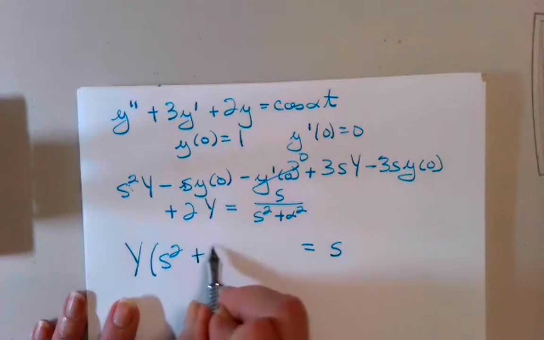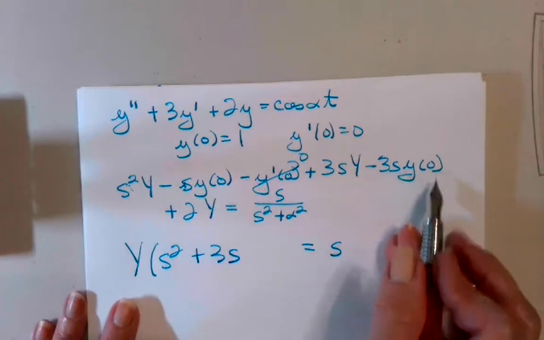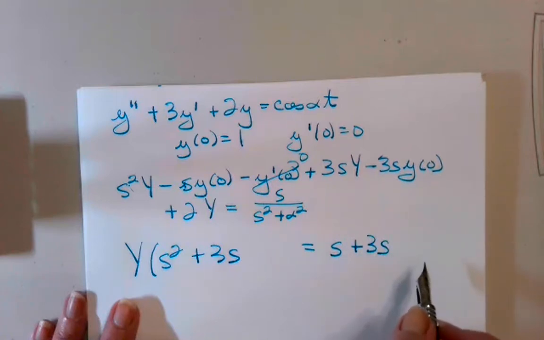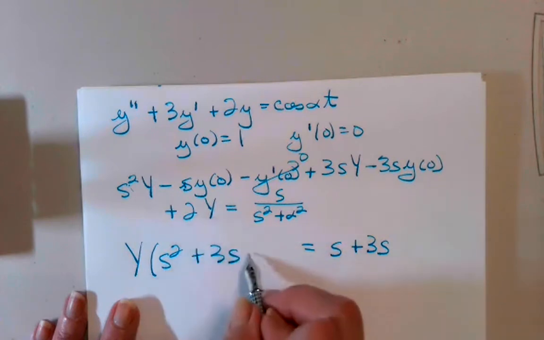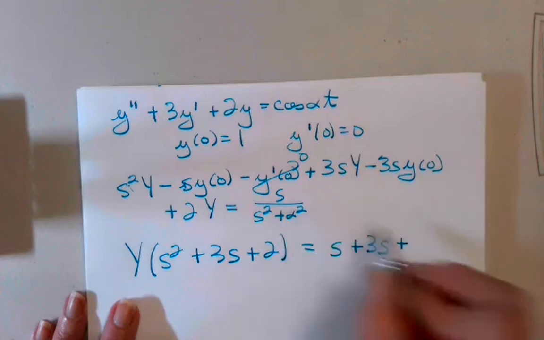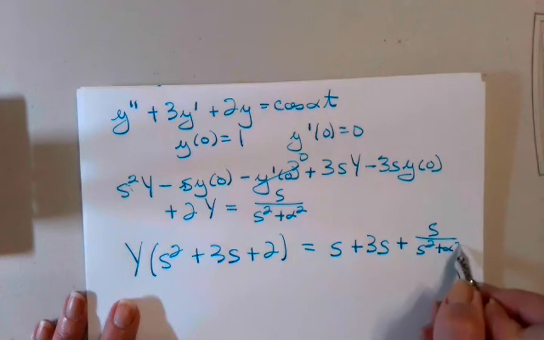This is a 3s times a Y. This is a minus 3s times 1. So on this side, it'll be 3s. So that becomes 4s, obviously. And then here we have a plus 2. And then we already had over there an s over an s squared plus alpha squared.